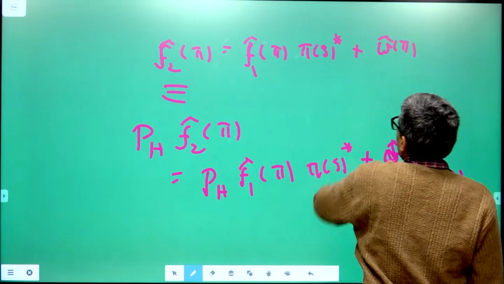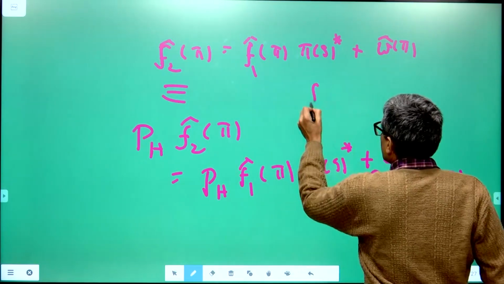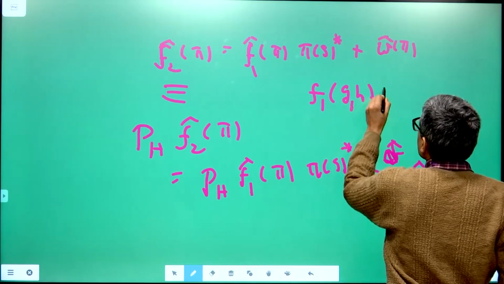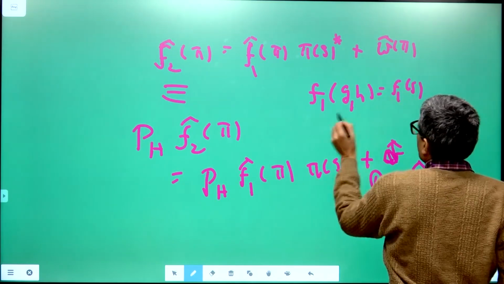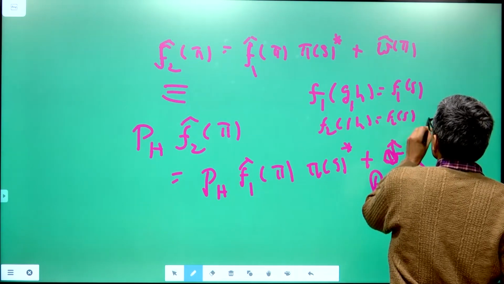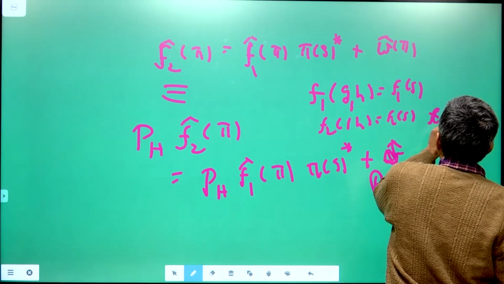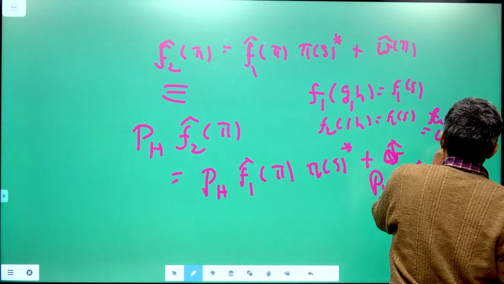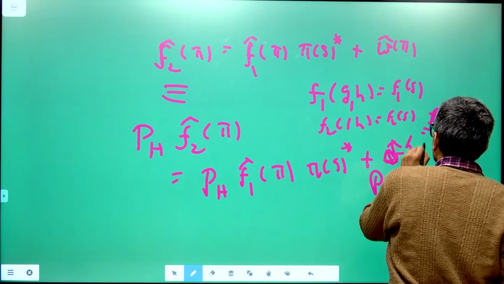This is equivalent because the functions satisfy the relation f1 of gh is equal to f1 of g, f2 of gh is also f2 of g, and also w of gh is equal to w of g for all h varying over H.